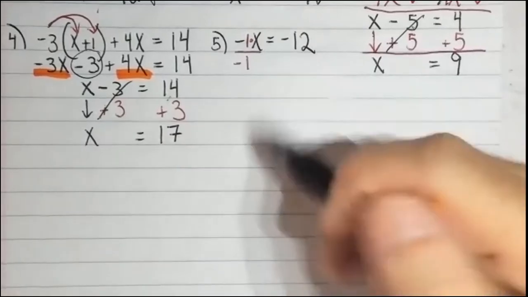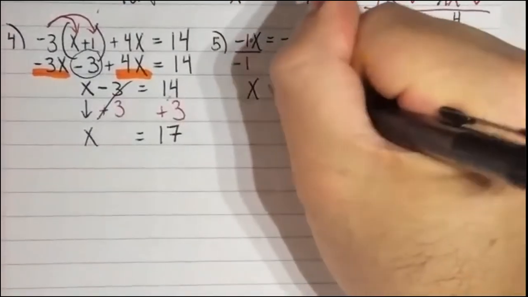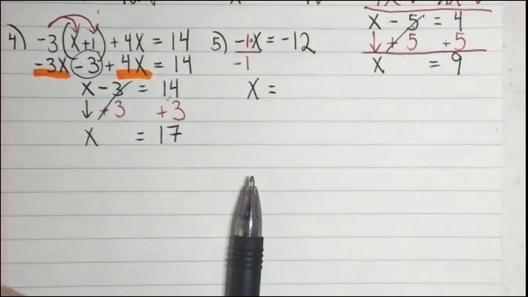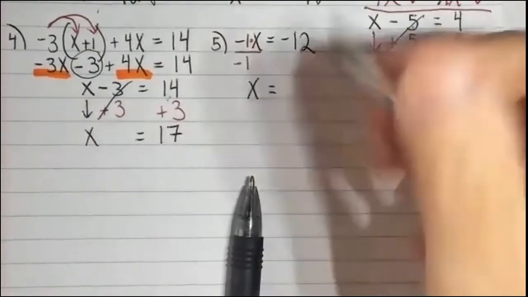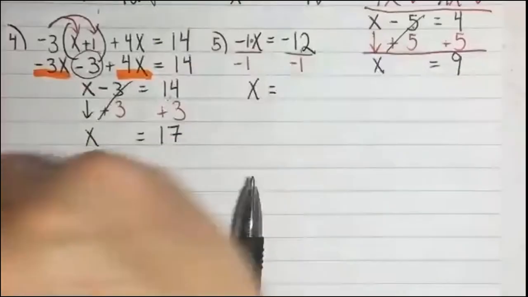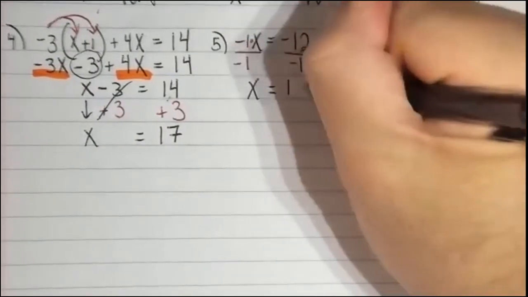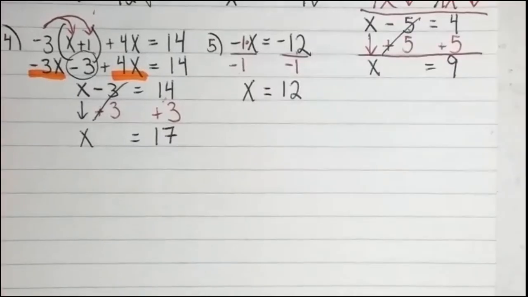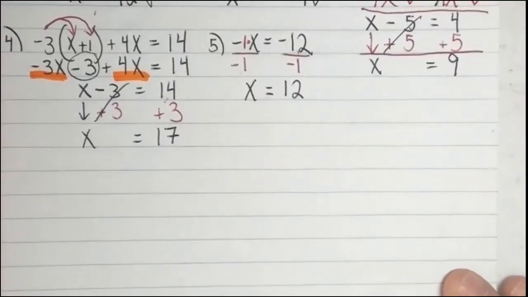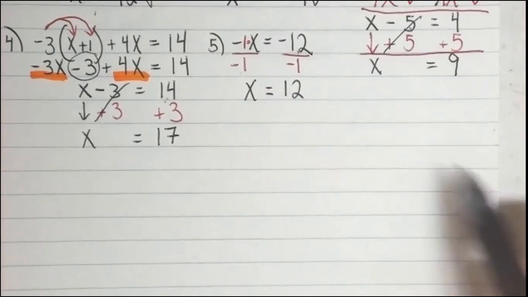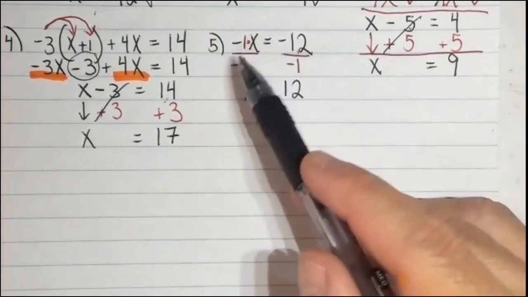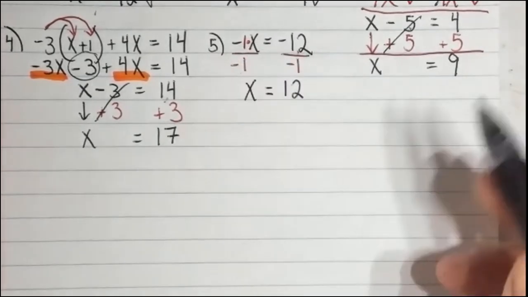When I divide -1x by -1, I get a +1, or just a positive 1x. What I do to one side, I have to do to the other side. So -12 divided by -1 would give me +12. Right, so just keep that in mind when you have that negative. We can't leave that -x in there.